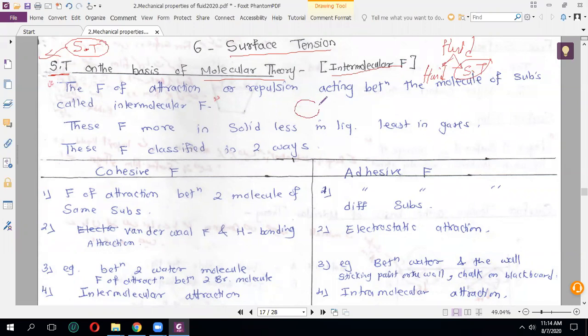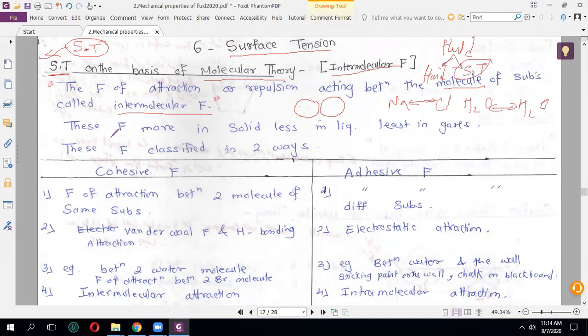We know that if we have two objects, suppose two atoms, like sodium or chlorine, any type of atom, either these two atoms attract each other or these two atoms repel each other. This property is called intermolecular force. Since the word is molecule, suppose we have two molecules, H2 and H2. Either these two molecules attract each other or repel each other. This type of property of a substance is called intermolecular force property.